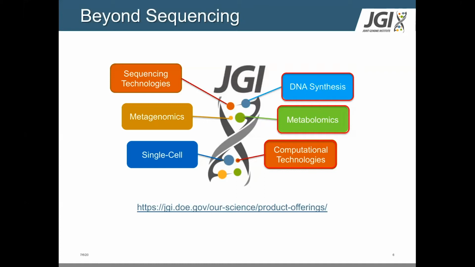We also can synthesize combinatorial pathway libraries for metabolic engineering purposes. And we have individual program calls that allow you to use some of these capabilities. We also have metabolomics, and I thought that I would touch on that briefly because I think it might be of interest to this audience.